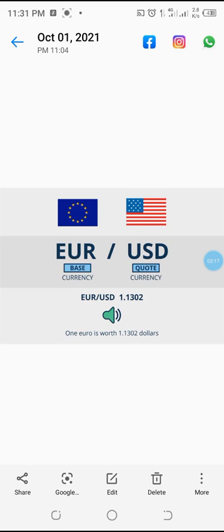So Forex trading is the trading of a currency over another. It's either you are using the euro to buy the US dollar, or you are selling the euro in order to get the US dollar, or vice versa. It's either you're using the US dollar to buy the euro, or you're selling the US dollar to get the euro.